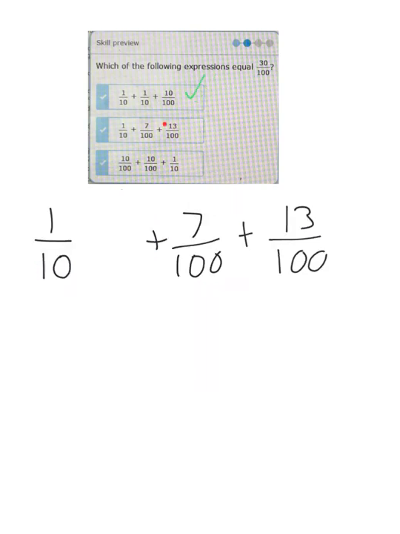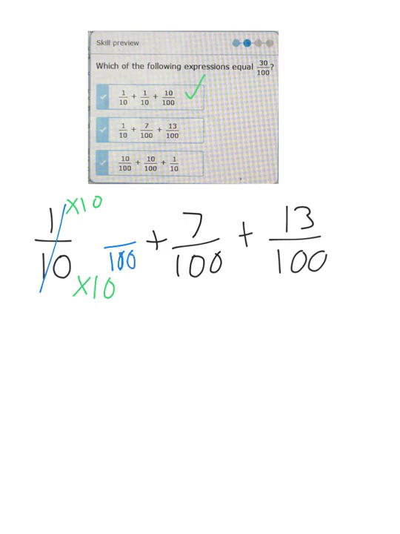In this expression, two of these fractions are over 100, so definitely the easiest thing would be to find the equivalent of 1/10 with a denominator of 100. So how do we get there? We are going to times 10 by 10. What we do to the bottom, we have to do to the top. Now we have a new fraction. We can get rid of 1/10. 10 times 10 is 100.